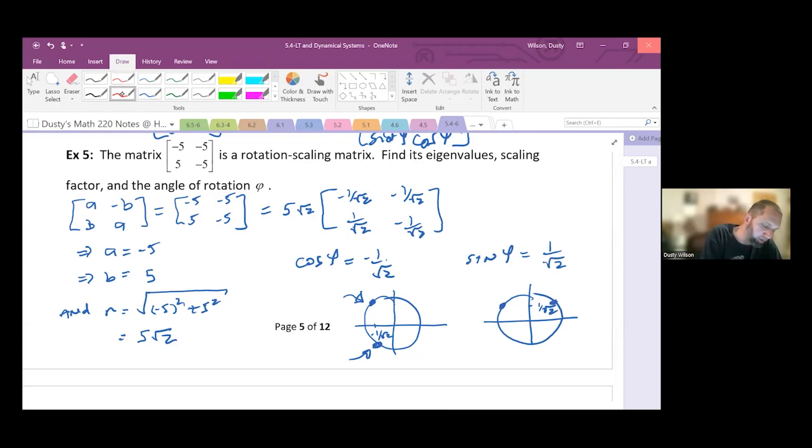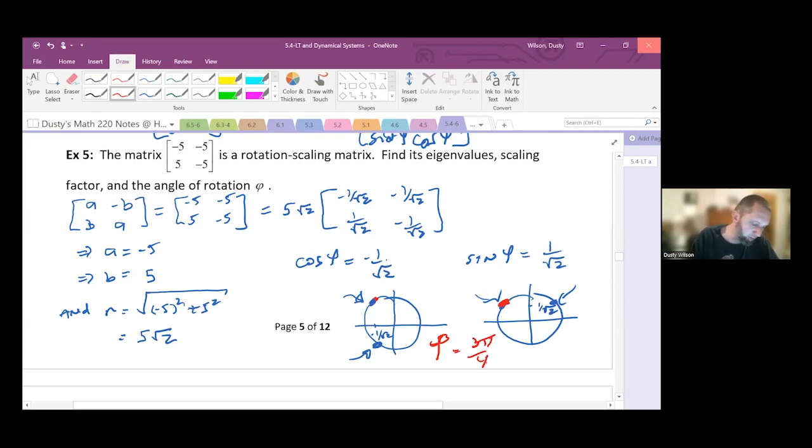And the only possibility between those two that's in common is, of course, right there. So we can combine these two thoughts, and we get that our phi must be equal to 3 pi over 4.